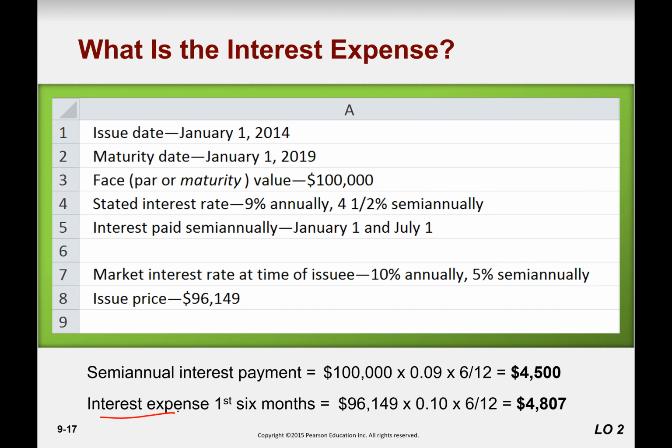Our interest expense is greater than interest payment, which means our income statement will record interest expense as 4,807 on a 6-month basis, while our cash is going out at 4,500.